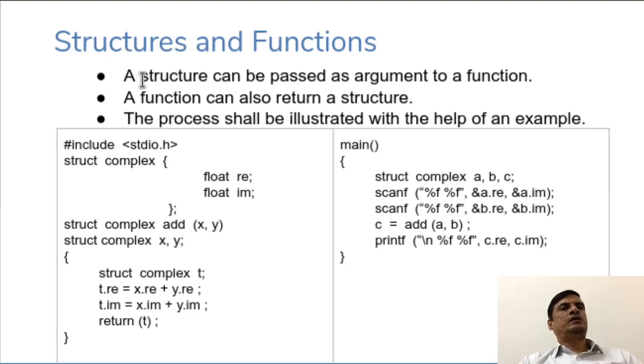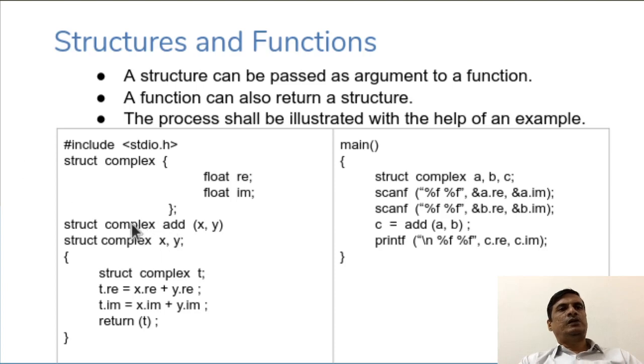A union or a structure can be passed as a parameter to a function. Here a main function is available. You define a complex number, real and imaginary, as a structure.